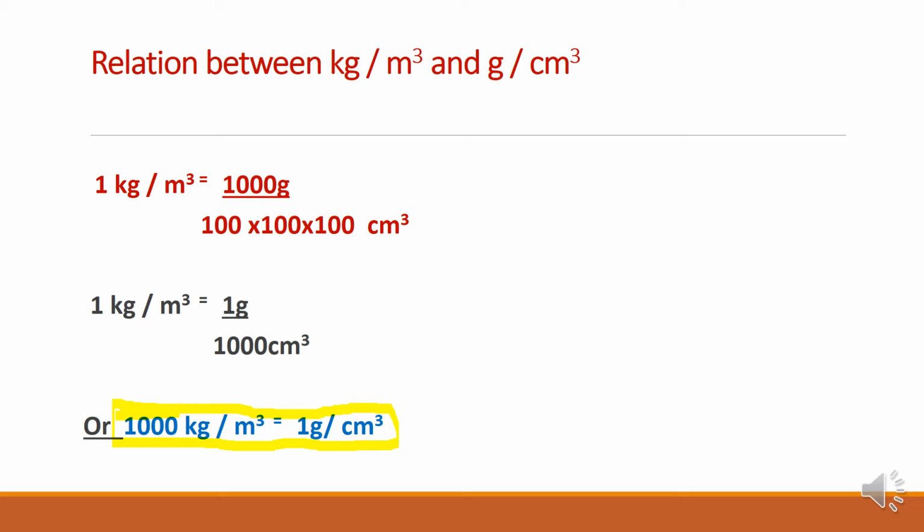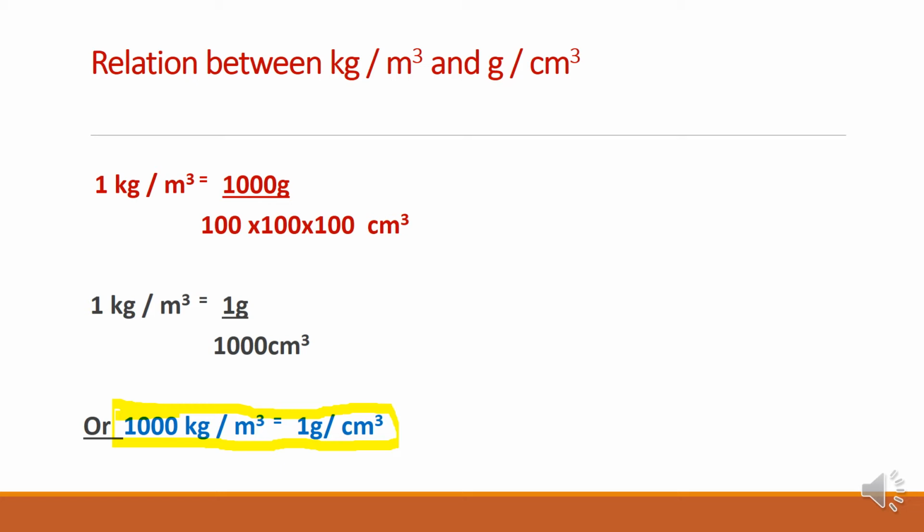So 1 gram per centimeter cube is a bigger unit in this case. Usually we know that kilogram is a bigger unit, but when it is gram per centimeter cube, it becomes a bigger unit than kilogram per meter cube. 1000 kilogram per meter cube, when they join together, then only it becomes 1 gram per centimeter cube.